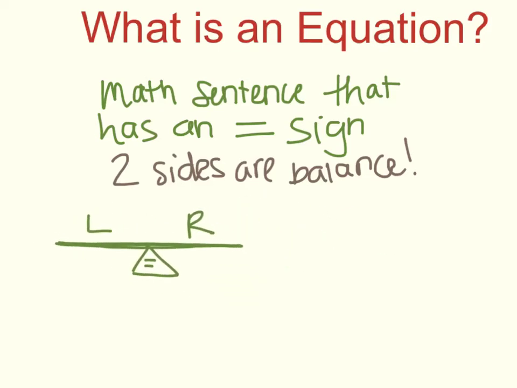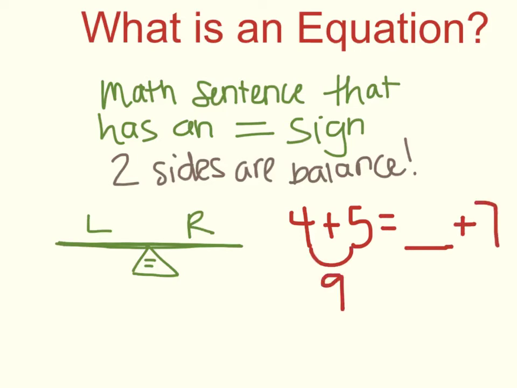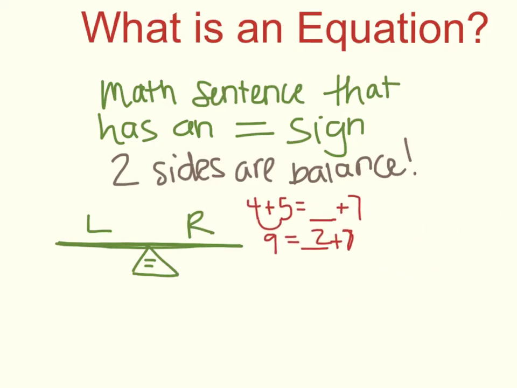Okay, so here my first one would be 4 plus 5 equals what plus 7. Now they have to be balanced. So 4 plus 5, I know that is 9. So what plus 7 equals 9? Well, our answer is 2. So that would be the balance.